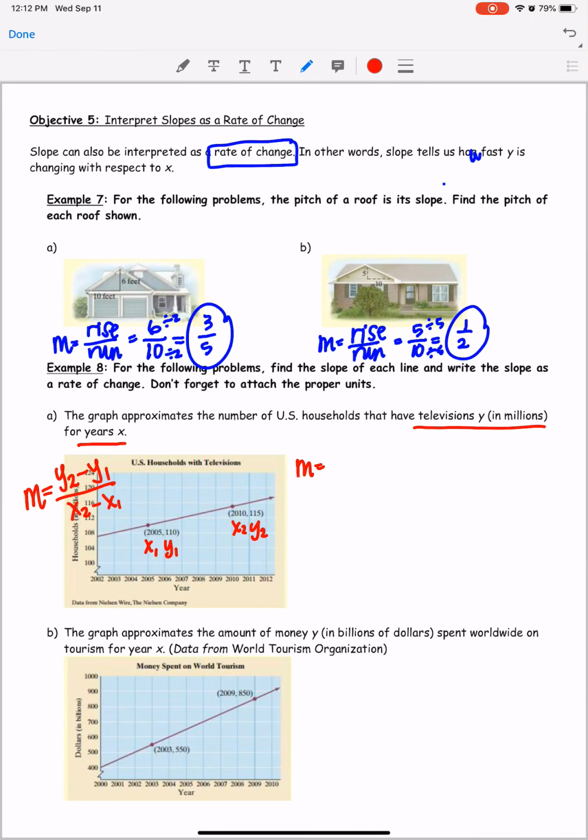So my slope is y2 minus y1, so 115 minus 110, over x2 minus x1, which is 2010 minus 2005.